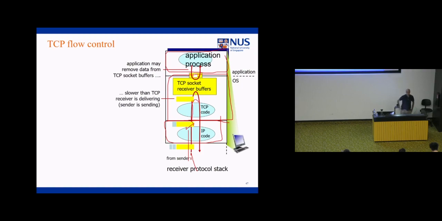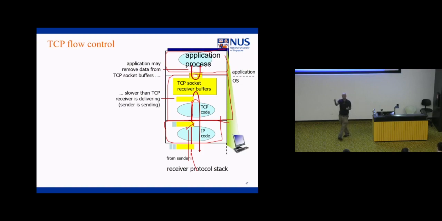Network layer will give it to the transport layer. And then the transport layer is supposed to give this data up to the application. How? Through the socket. Right? So I'm TCP, I get data. I put those data in for the application to pick up through the socket.